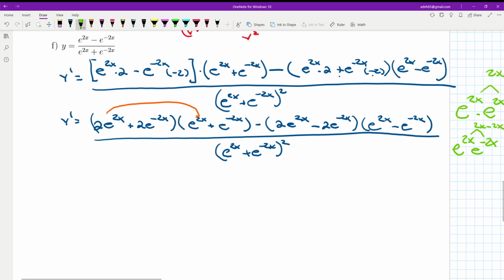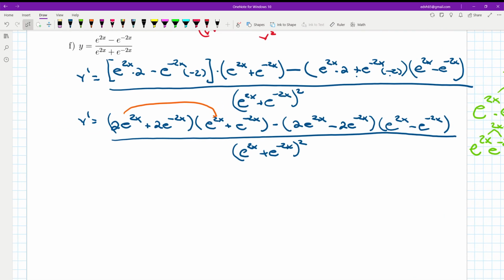So 2e to the 2x times itself is 2e to the 4x, and then plus 2 times 1, which is e to the 2x times e to the negative 2x.